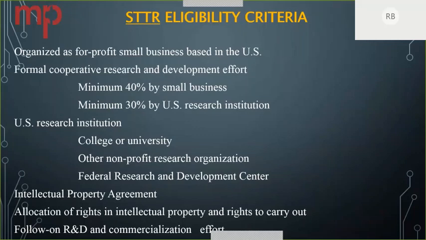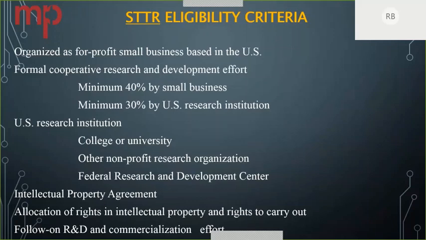And you will notice throughout this particular slide that everything stays with the small business, either by choice, an agreement, or based on the fact that all the data and the technology and so on is agreed upon as to how it's going to be divided between the small business and the nonprofit research organization.